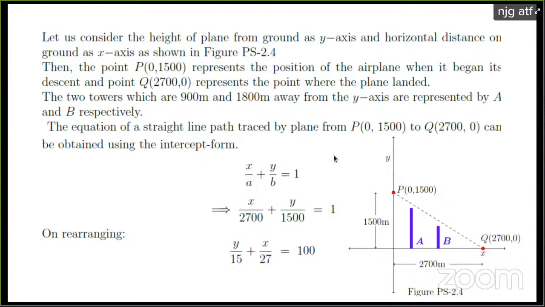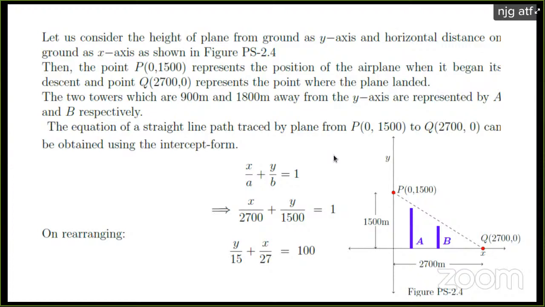Now we have also been given two towers in between, which are at 900 meters and 1800 meters away from the y-axis. It's a small representation like tower A and tower B. Now, the plane trajectory is said to be a straight line.